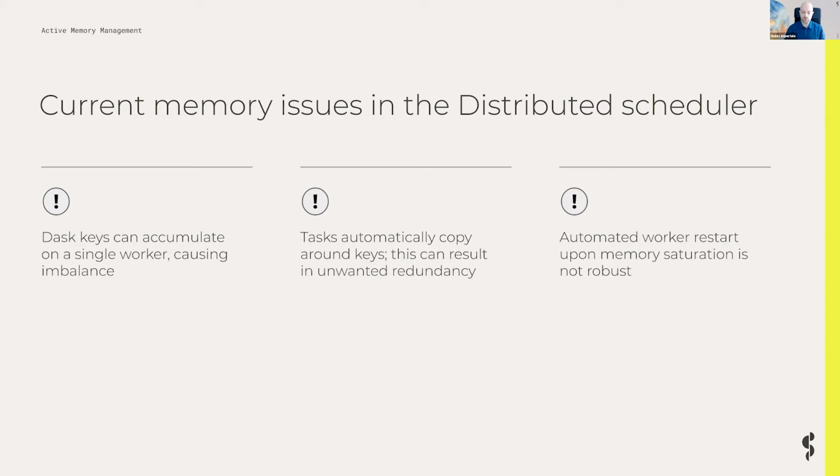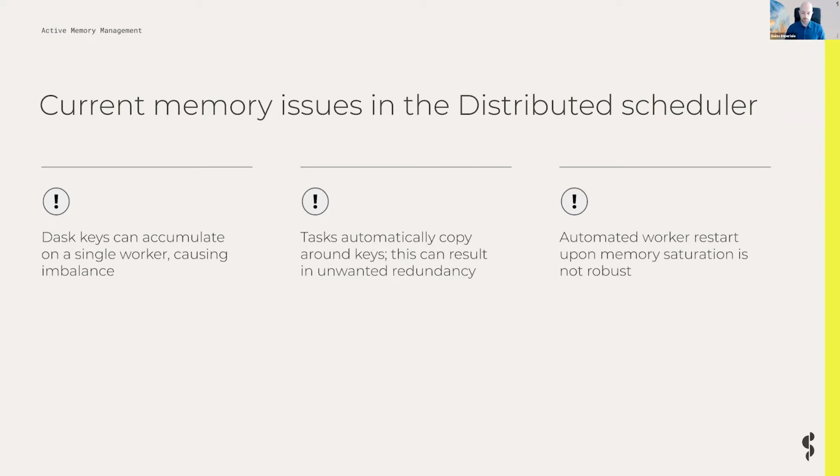Well, Dask will work in a way that will make them release as soon as possible. It will go out of its way to run the tasks that need those keys as fast as possible. But nonetheless, those keys will stay there for a while, for as long as they're needed. So you may end up with an imbalance where you have this worker that served this task with a spike in memory usage compared to everything else.